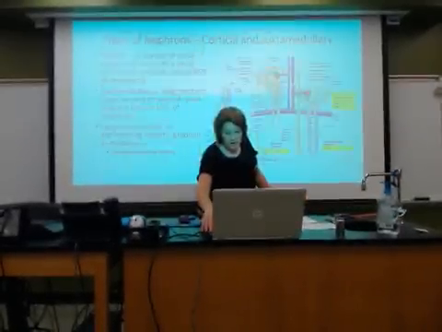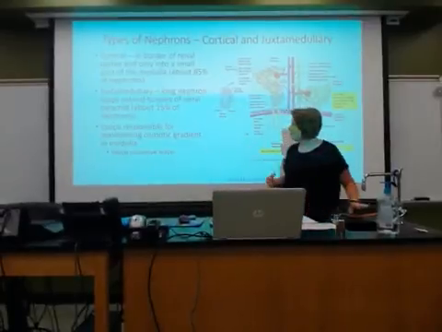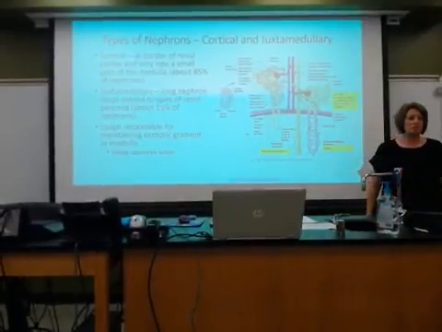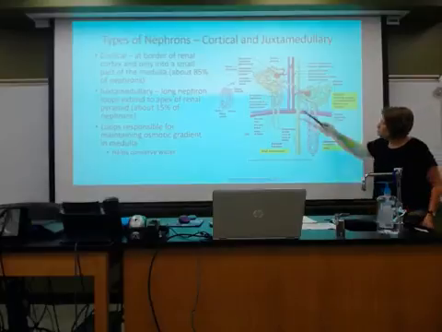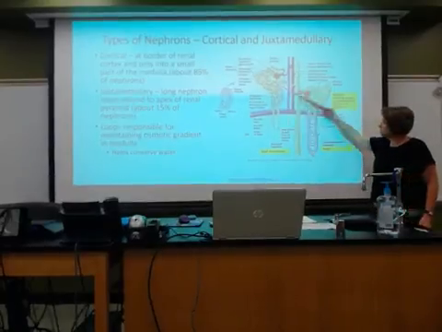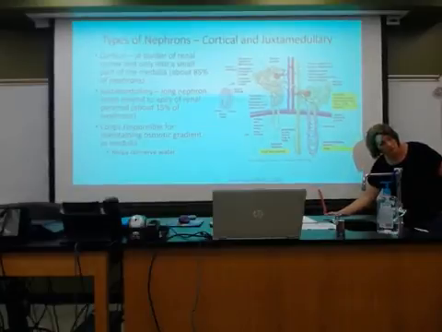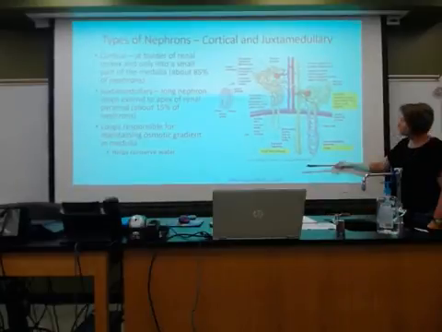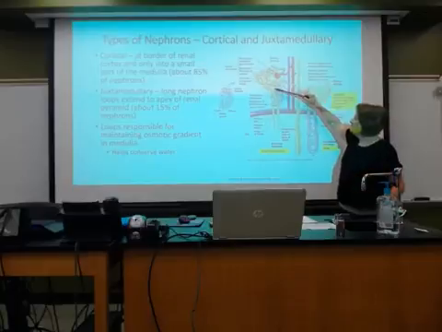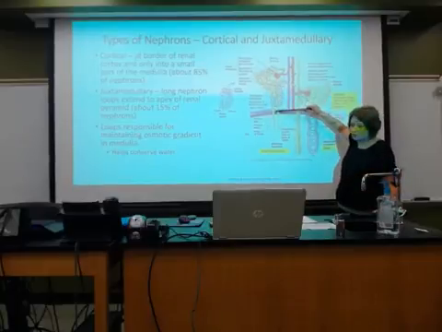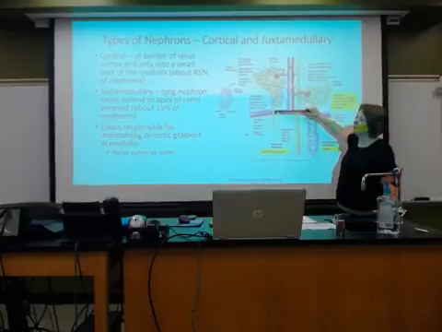So the nephrons, I keep mentioning that we have two types. One, very short. One, very long, dips way down into the medulla. So we're going to say that we have cortical nephrons, okay?